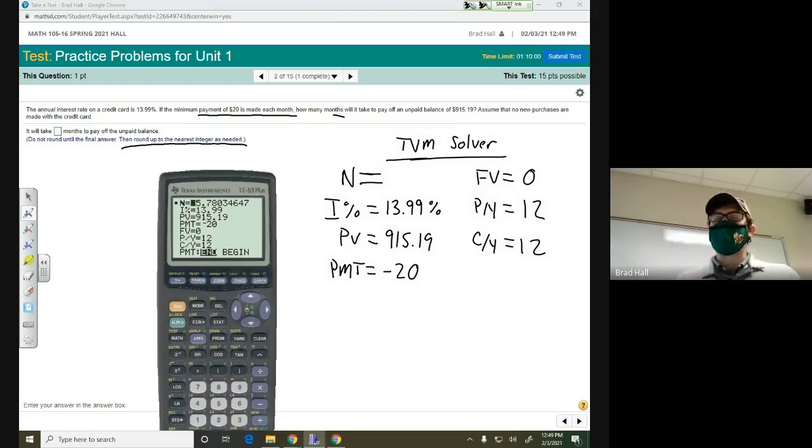So instead of 65.78, I'm going to put, actually in red, 66. Round up to the nearest integer, nearest whole number, in other words. So round up to 66. And so that would be the answer.